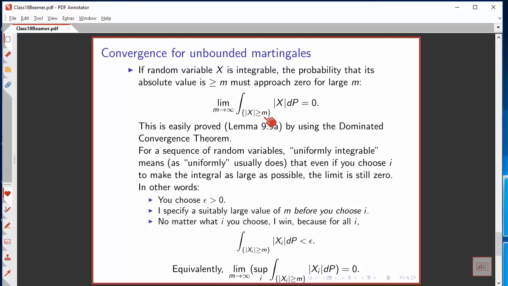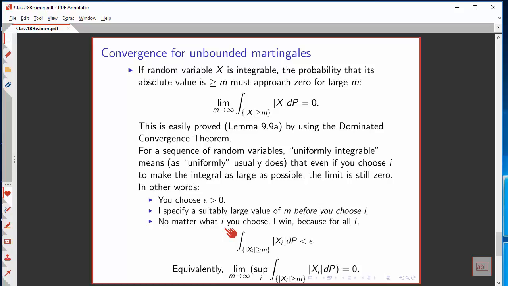I say, I'm going to choose a nice large value of m, and we're going to compute the probability that the absolute value of the random variable x is greater than the m I've chosen. If this works for any value of i, then I am the winner.